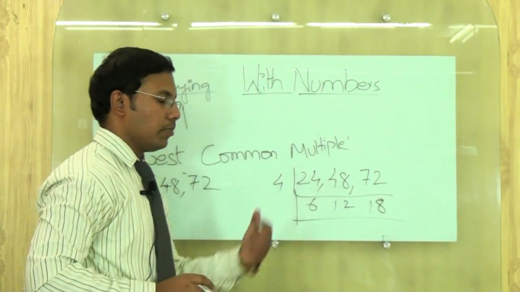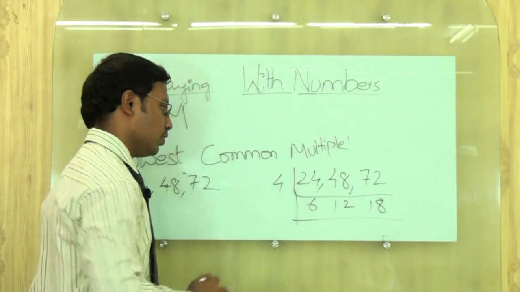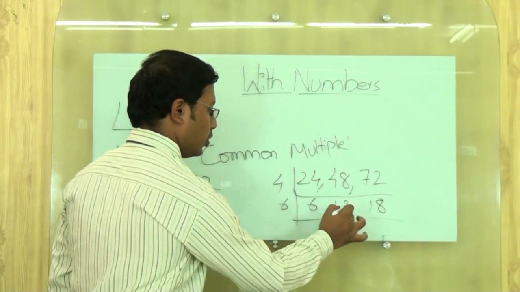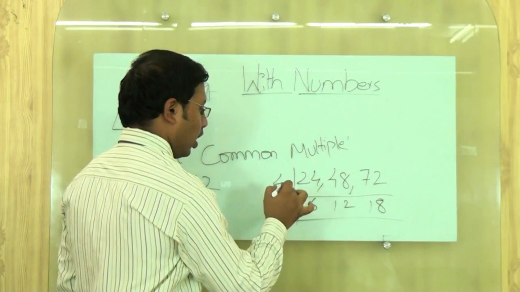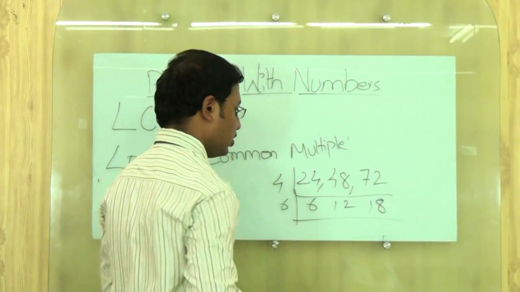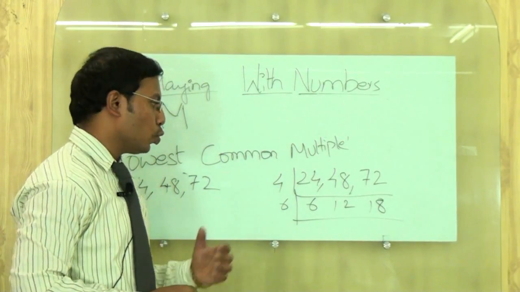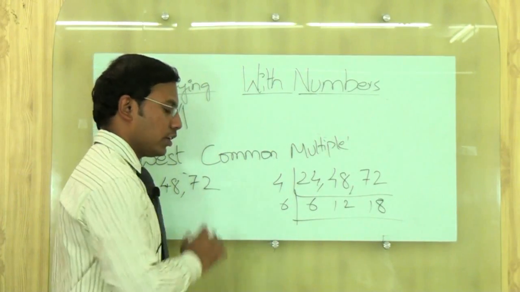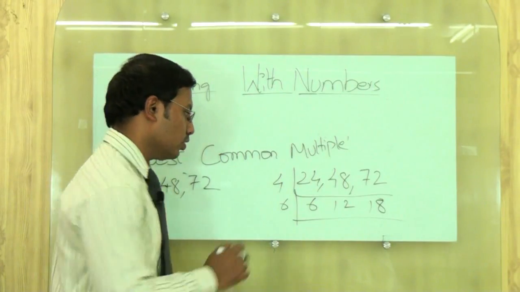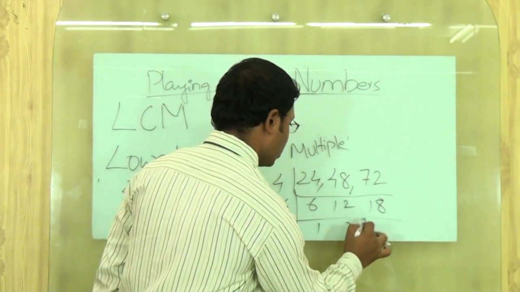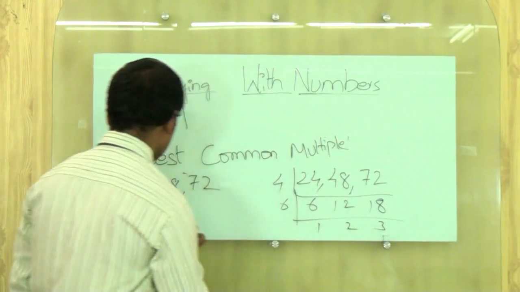Again these three numbers are divisible by 6, since the units place and tens place for these numbers are exactly divisible by 2 and 3. So the condition for 6 also satisfies here. 6 1s are 6, 6 2s are 12, 6 3s are 18.